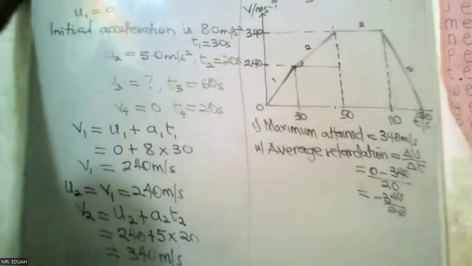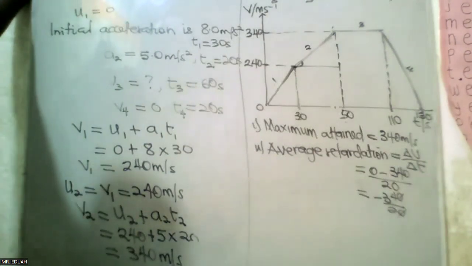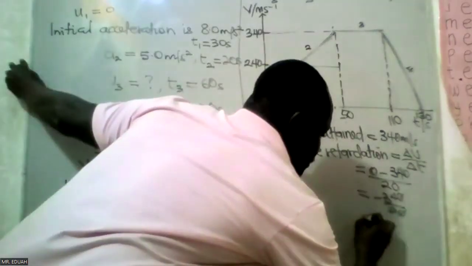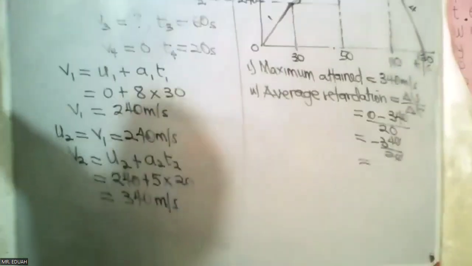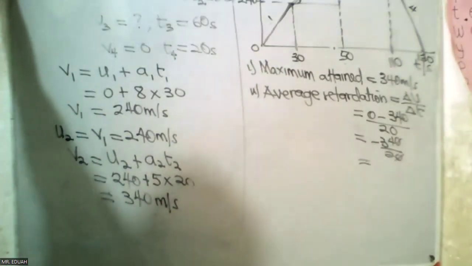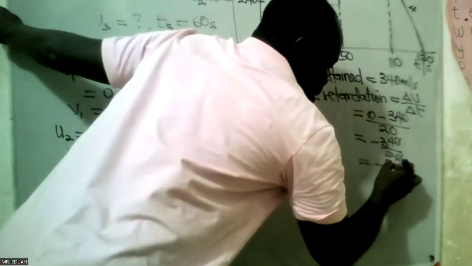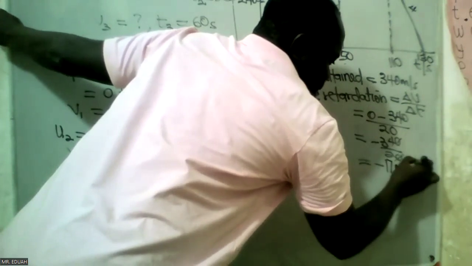And what is 34 over 2? 17. So we have minus 17 meters per second squared.